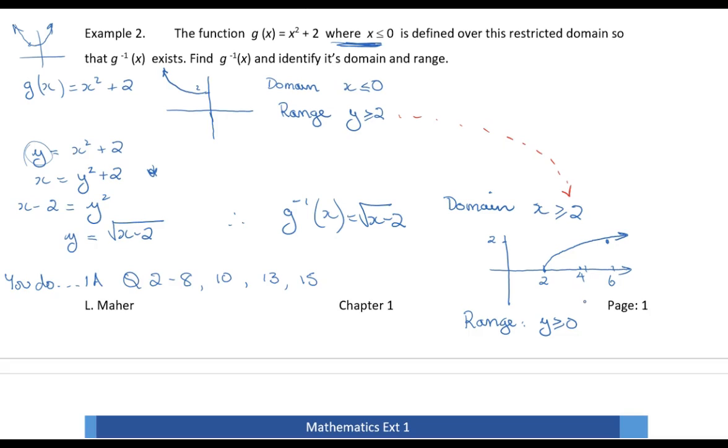Now, remember the domain of the original was greater than or equal to 0, and now the range of the inverse is greater than or equal to 0. And that works each time. The domain of the original function becomes the range of the inverse. The range of the original function becomes the domain of the inverse.